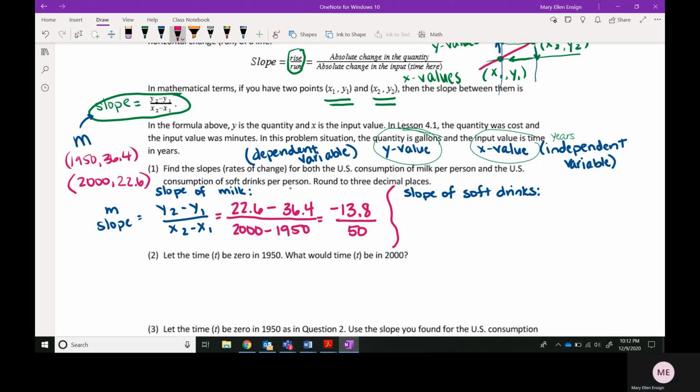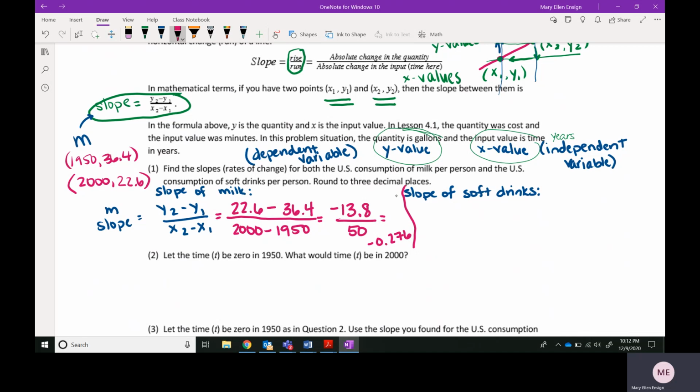Now, it says to round to the 3 decimal places. So we can see that we don't want to leave it as a fraction. We want to round it by dividing to turn that into a decimal. So if I take negative 13.8 and I divide it by 50, I get negative 0.276. So actually, that decimal ends right there, so we don't even have to round it.